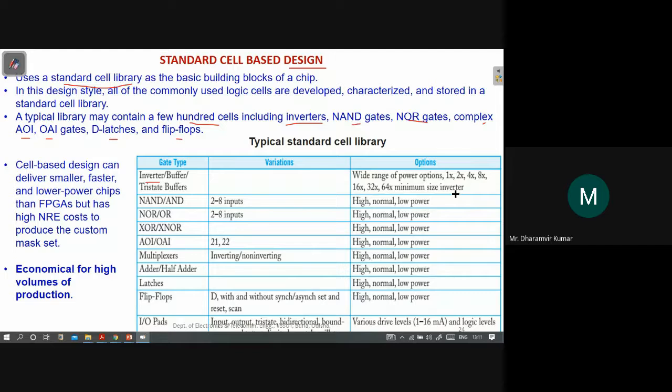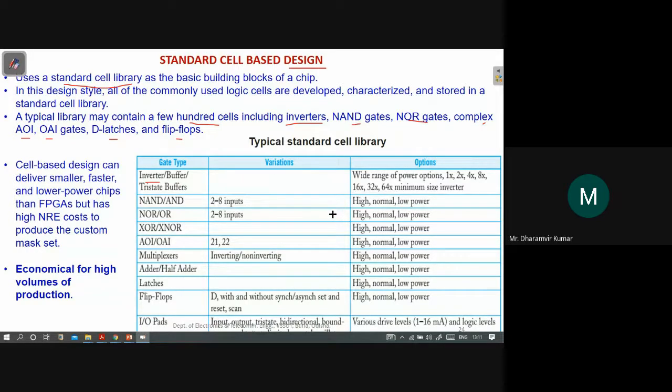So there are various flavors of even a single gate in a typical standard cell library, and this is applicable for all. You will get different capabilities of NAND gates with the range from 2 to 8 inputs: 2 input, 3 input, 4, 5, 6, 7, up to 8 inputs, and with high, normal, or low power options.